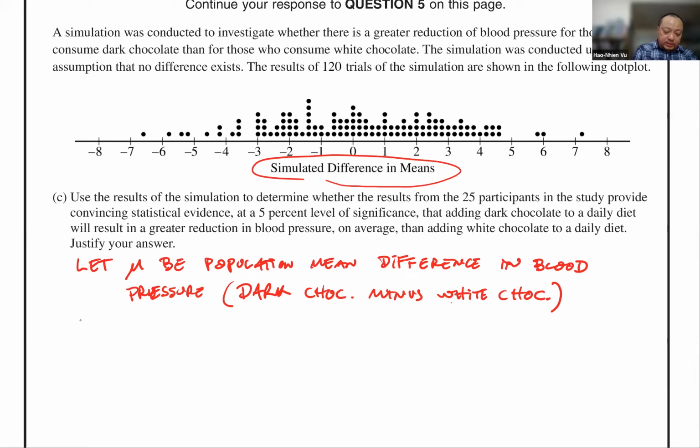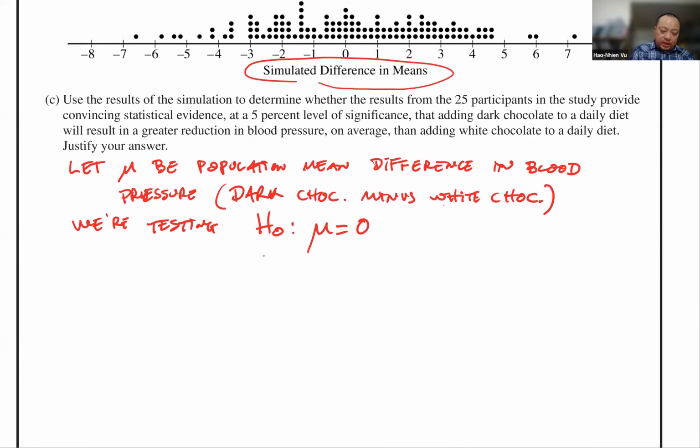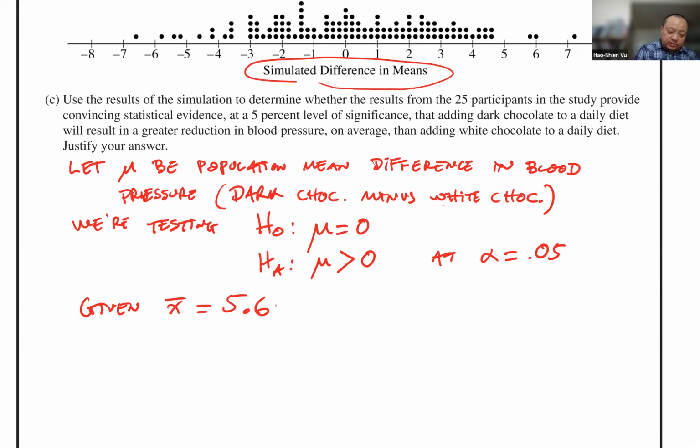Then we're testing H0: mu equals 0 against HA, or H1: mu is positive, at alpha equals 0.05. And given that x bar is equal to 5.66, that's the information we're given in part B.